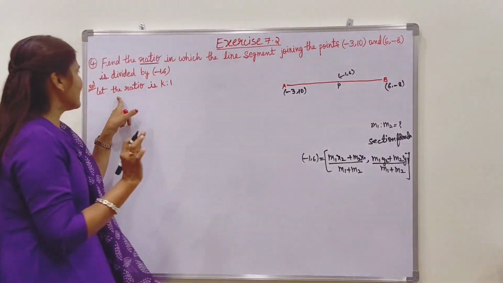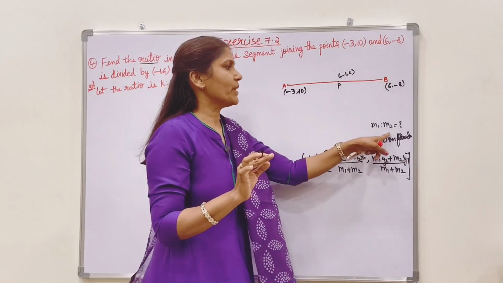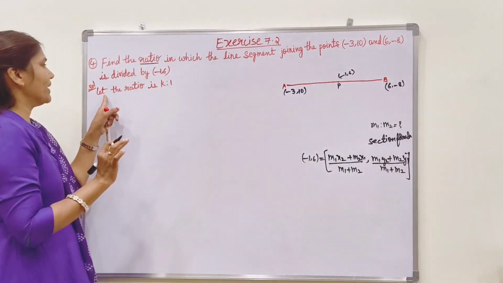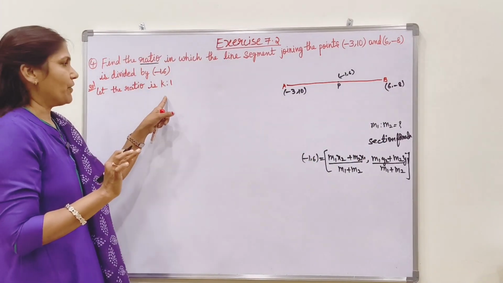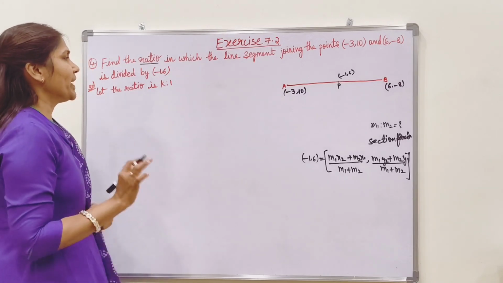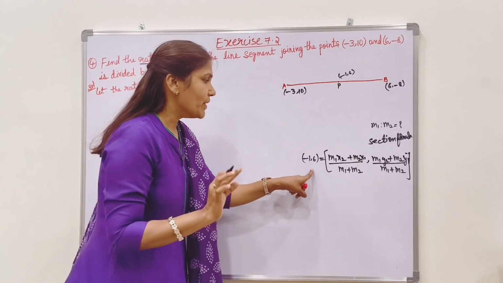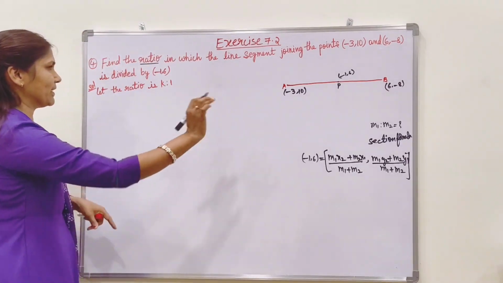Now we want the ratio M1 is to M2, so let the ratio be K is to 1. After taking K is to 1, we use the section formula.